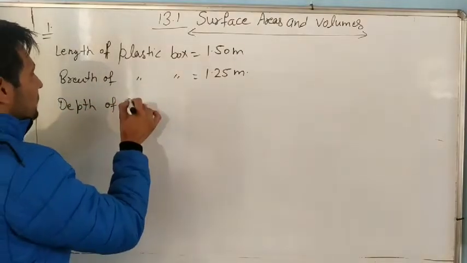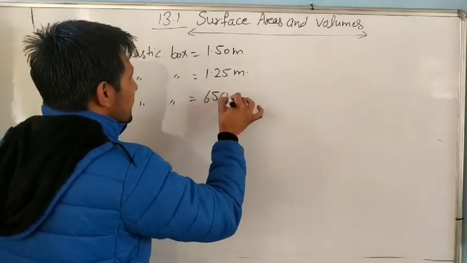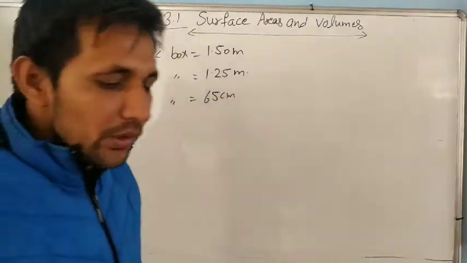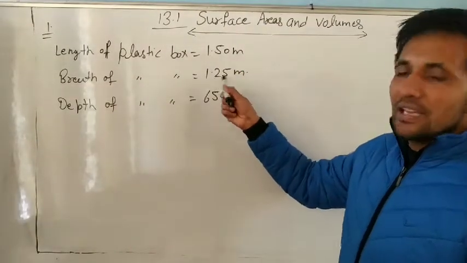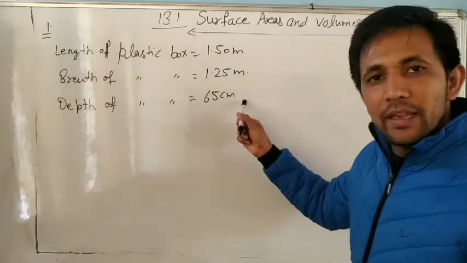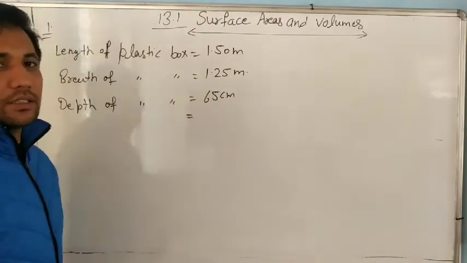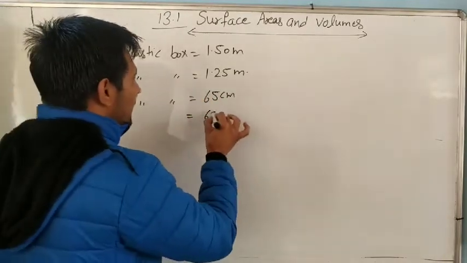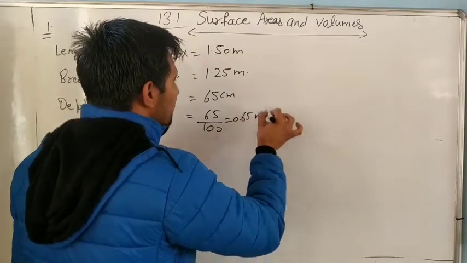Depth of plastic box is 65 centimeter. We observed one thing, length in meter, breadth in meter, so we will change depth also in meter. And how will you change? Centimeter in meter divide by 100, so it's 0.65 meter.